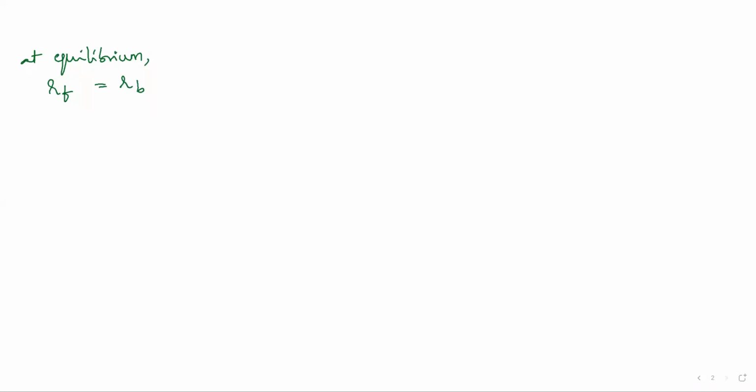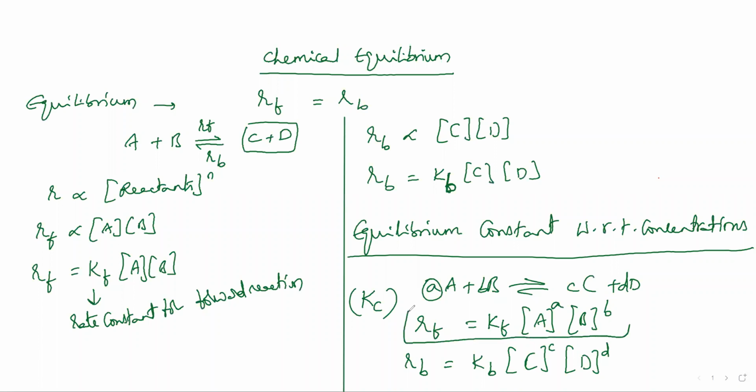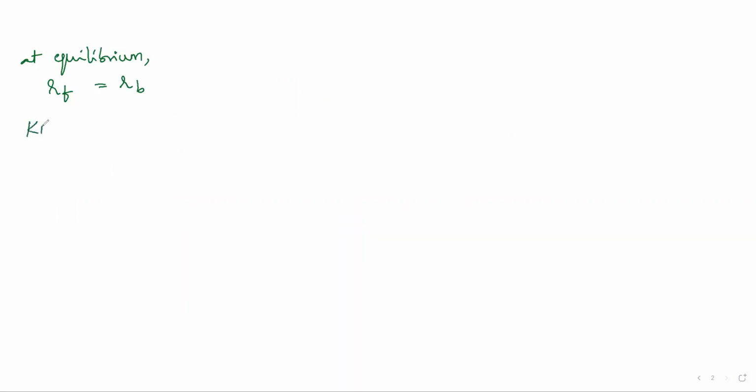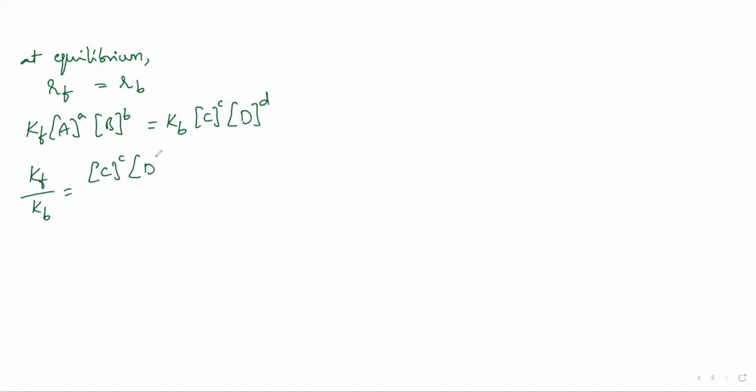Kf into concentration of A power a, concentration of B power b, similarly rate constant for backward reaction Kb into C power c, D power d. Now bring this Kb here. Kf by Kb is equal to C power c, D power d by A power a into B power b.